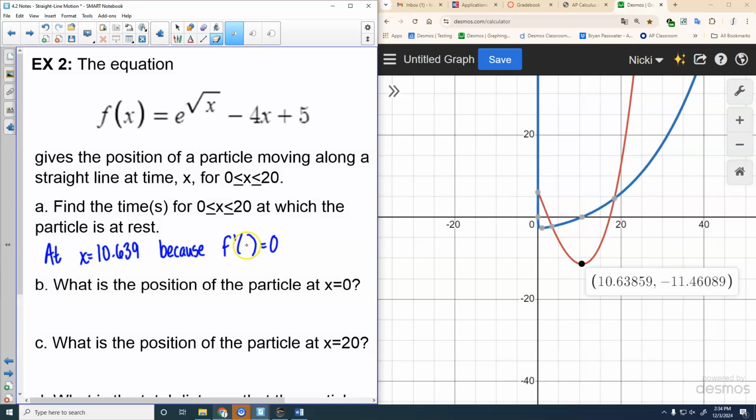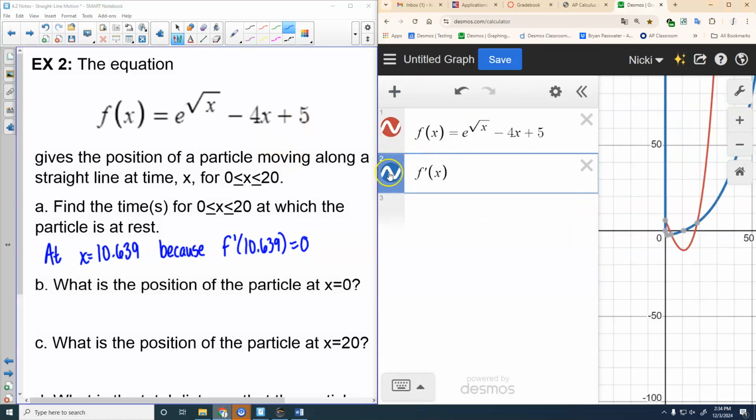Do f prime of 10.639 equals 0. That tells us the derivative is 0 at that point. Okay.